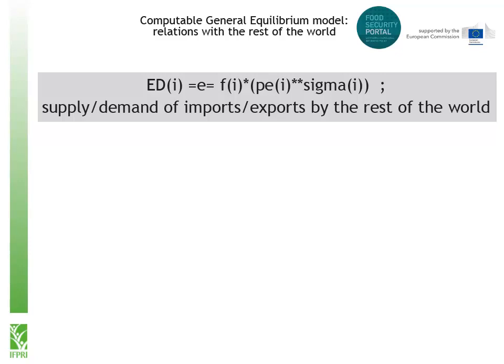And if ED is negative, it means that we've got exports, and this equation means that the rest of the world is ready to demand a quantity ED at price PE. So you have to understand these equations as equations of determination of the world price in sector i. And in fact, it is either a supply of imports by the rest of the world or a demand for national exports by the rest of the world.